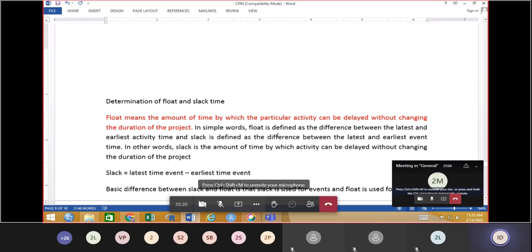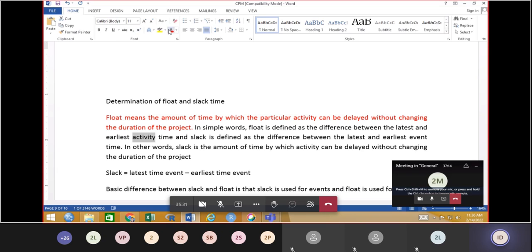This is important. Both concepts are different, right?